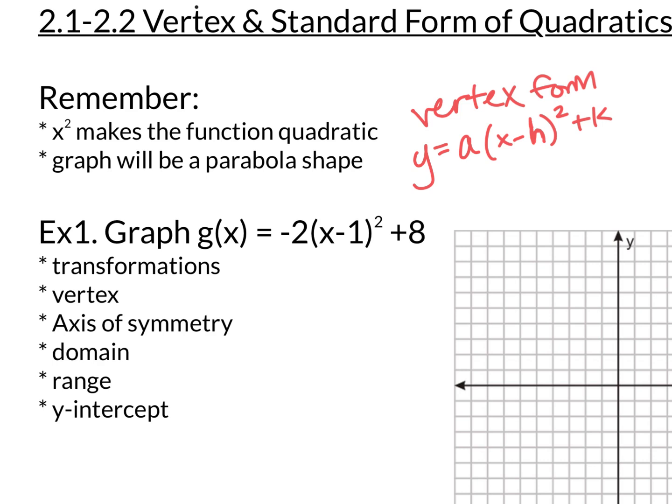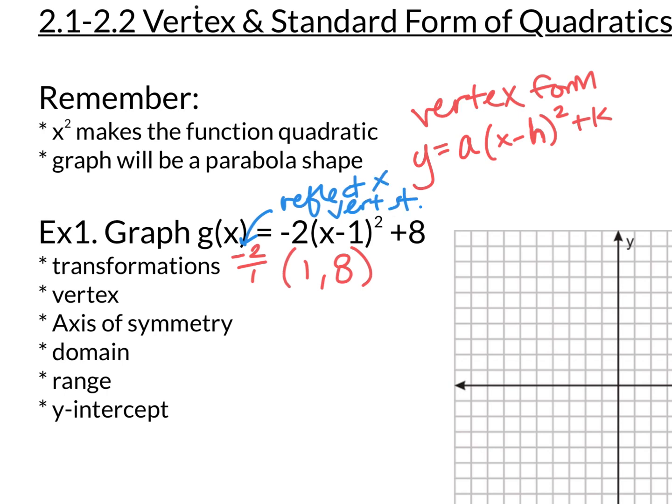In this example, if we go to graph that, I'm going to name the transformations. I can do my fraction, -2/1, and then inside's opposite, outside's the same, that's 1/8. My -2 on the top is going to do two things. The negative is going to reflect over the x-axis, and the 2 is going to be a vertical stretch.